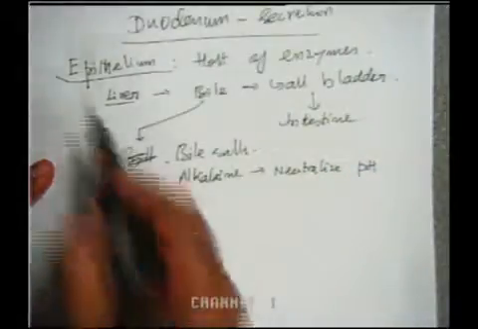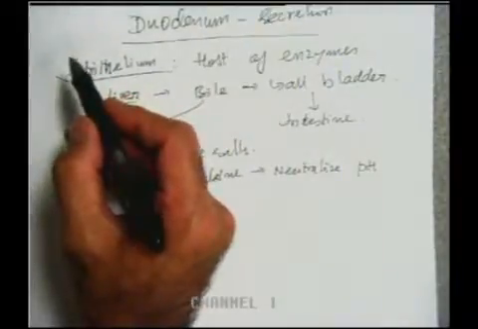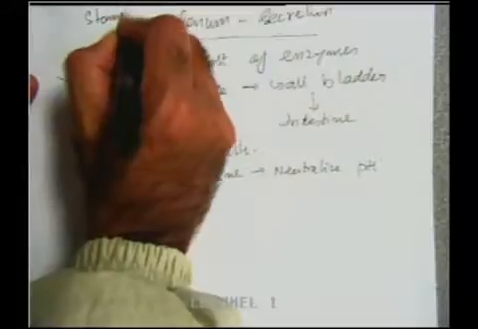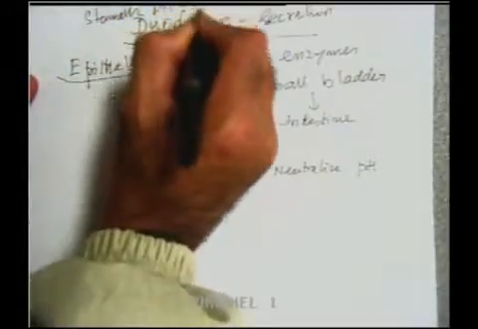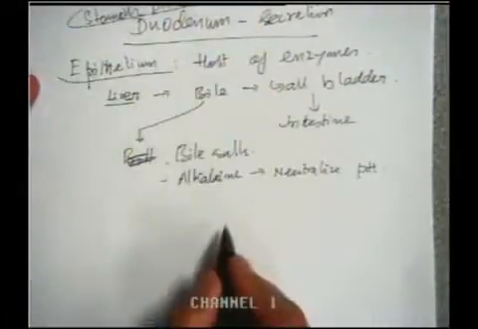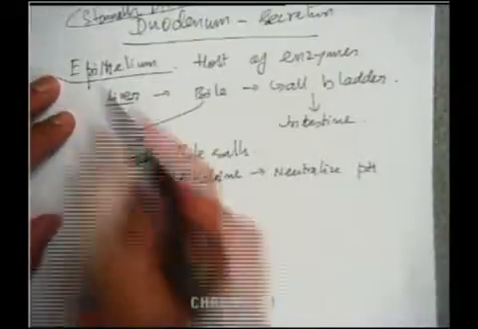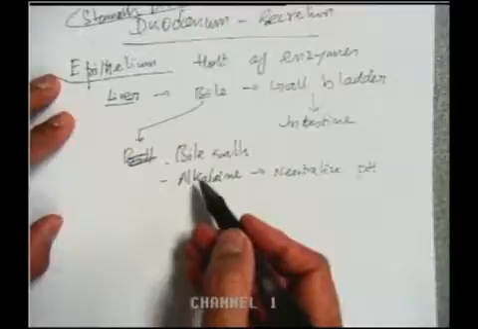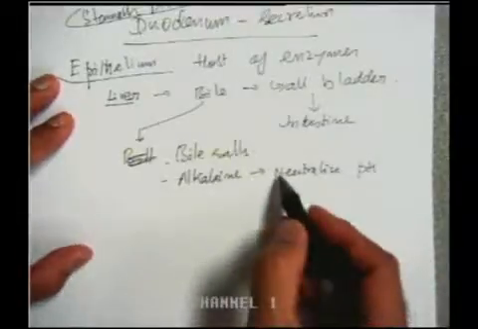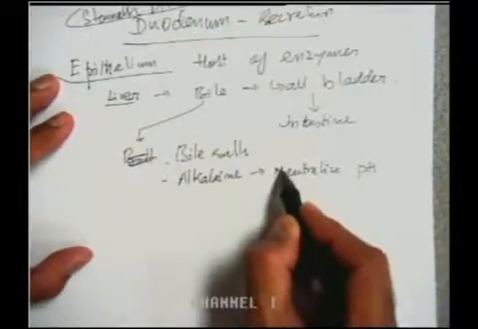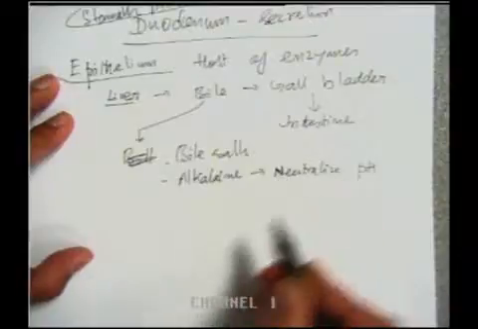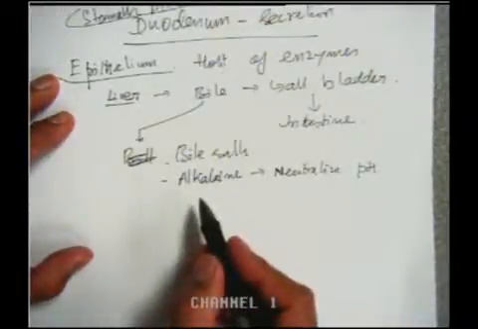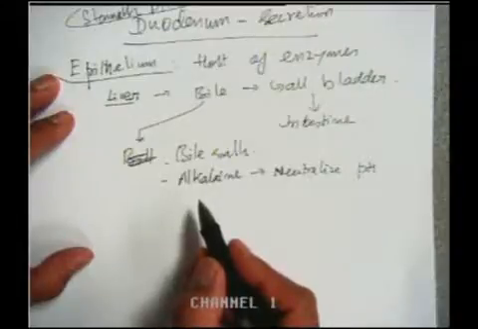Remember, when the digestion occurs in the stomach, the pH is 2, right? So this is the acid range of the pH because of hydrochloric acid. But as soon as it leaves the stomach and enters into the duodenum, you cannot keep an acid pH because the enzymes we are going to discuss, the lipases, need neutral pH.